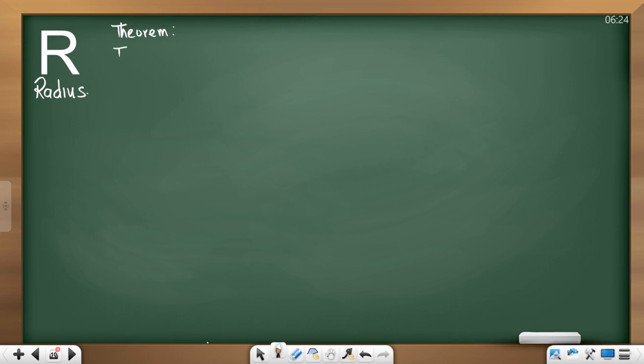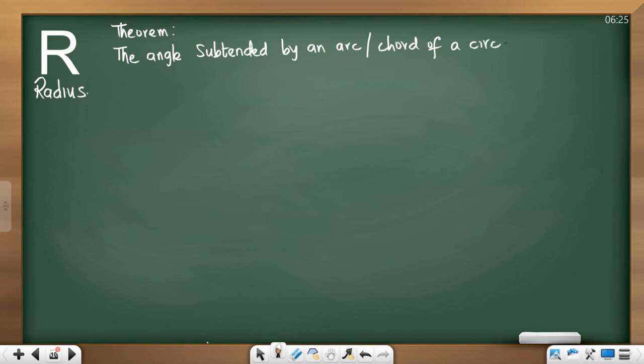All right. Now, the angle subtended. Okay, I'm going to explain what that word subtend means. Forgot to do that in the first lesson. So, all right. The angle subtended by an arc, either an arc or a chord of a circle at the center.